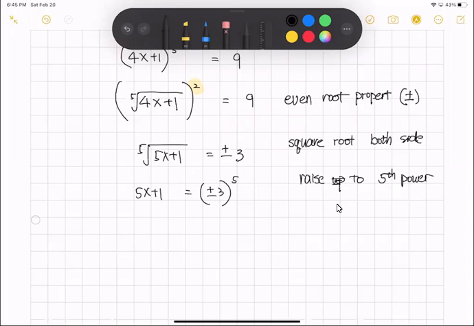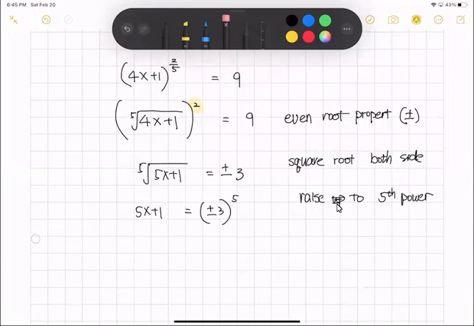Oh, a 4x. Why did I write this 5x? Okay, so either 4x + 1 equals 125. Is that 125? No, 3 to the fifth is equal to 243.